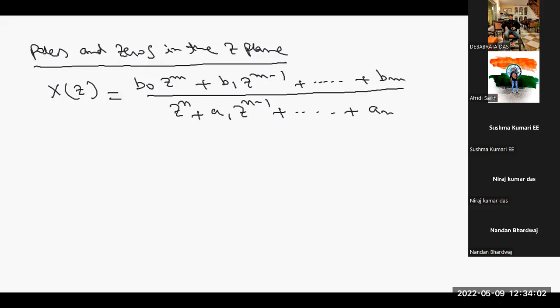So this is basically the poles and zeros expression for the Z transform plane or Z plane. Please remember these things also.